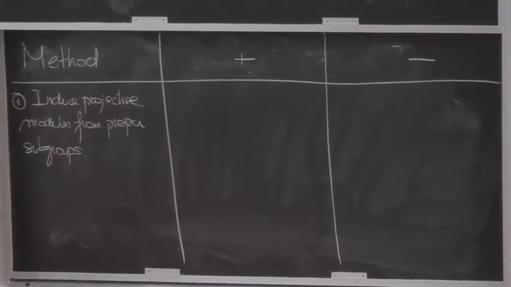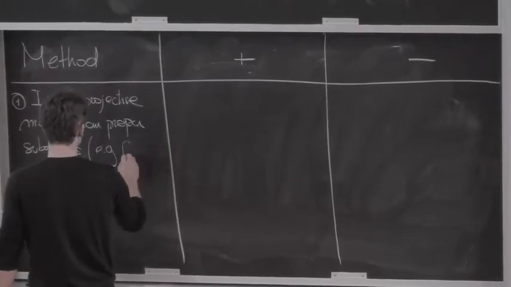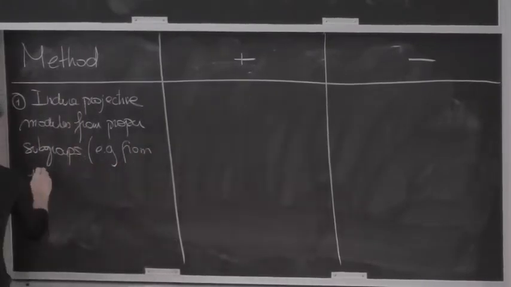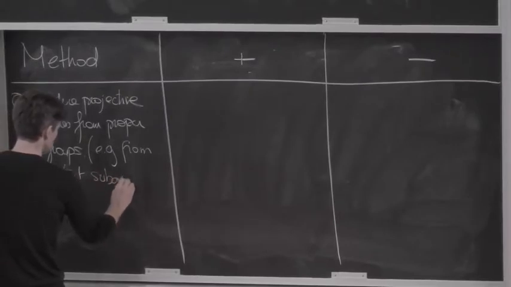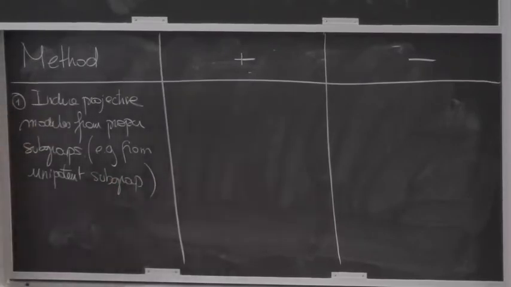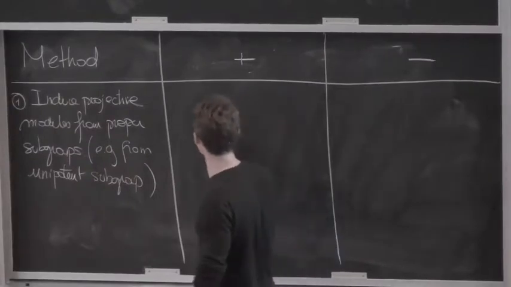One typical group that we're going to use is inducing from unipotent groups, because the unipotent group will be a P-group, and P is different from L in the context that I'm working in. The benefit of this method is that you get many projective modules.